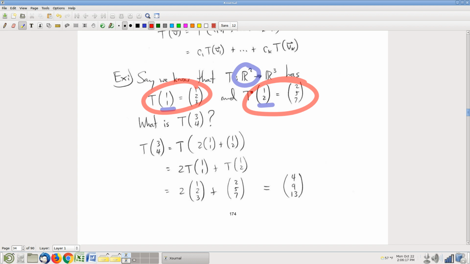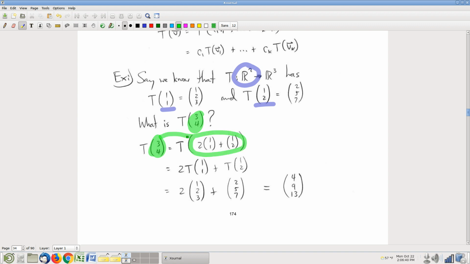That means that knowing these images here, knowing what the images are of those basis vectors, I'm now going to be able to calculate the value of T anywhere you like. Pick any vector in the domain, it doesn't matter. Now, just as an example, let me pick this vector here, (3, 4). What's the image of (3, 4)? Well, first of all, I've got to write (3, 4) as a linear combination of these basis vectors.